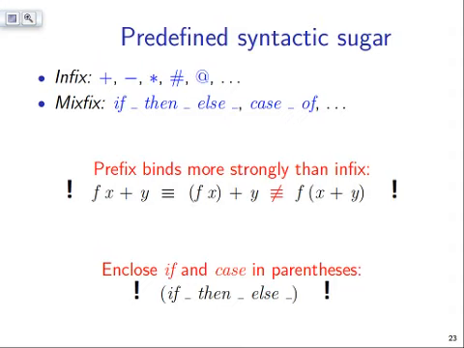So if you have, let's just take a plus. If you write op plus, then that is the prefix function. And in fact, that happens when you get an error message. The system will typically print out, if there's something problematic about the plus symbol, it'll talk about op plus, and that's the prefix version of it.